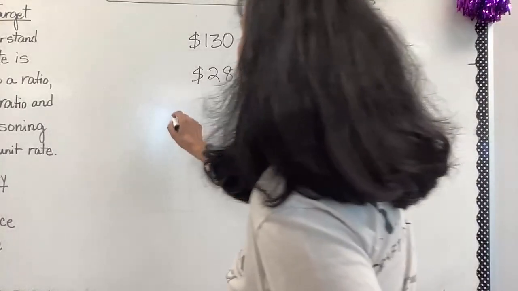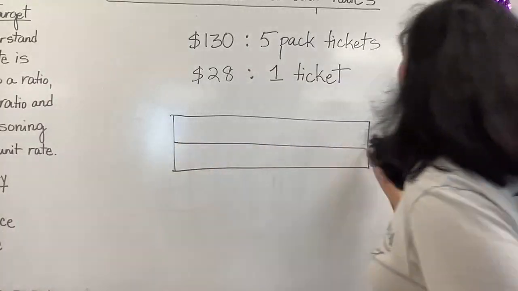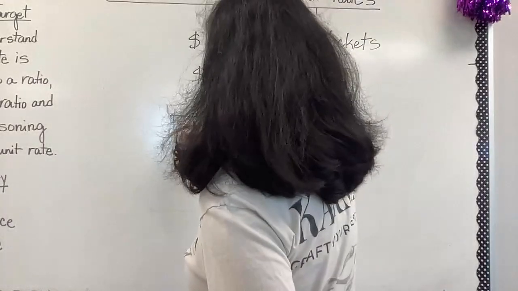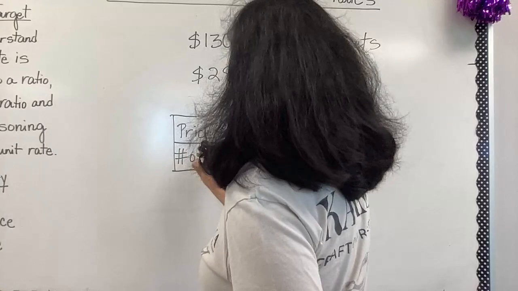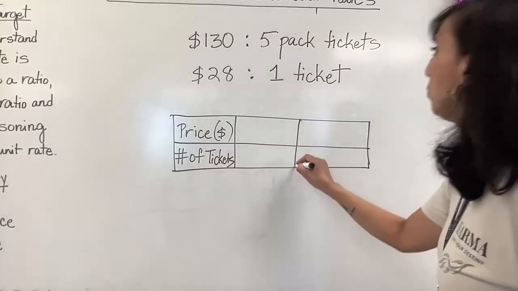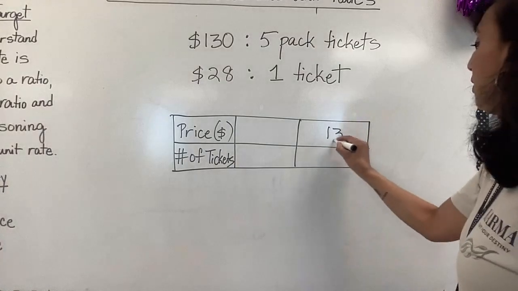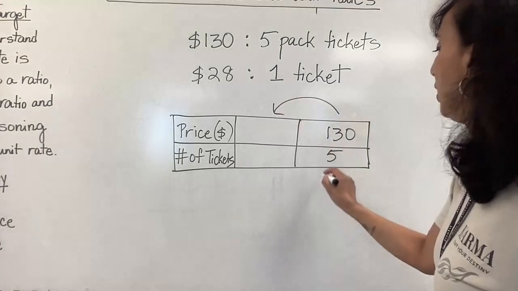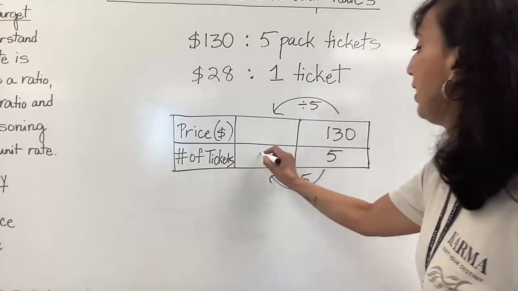So if I have the 5-pack, once again, I have a ratio table just to show you, with the price in dollars and the number of tickets. I'll have to scale backwards for this one because I'm going from 130 for the 5-pack, and I'm going to divide by 5 because I'm trying to find the unit rate.